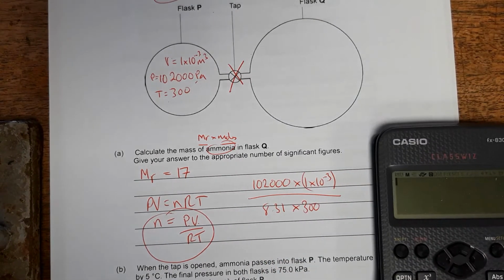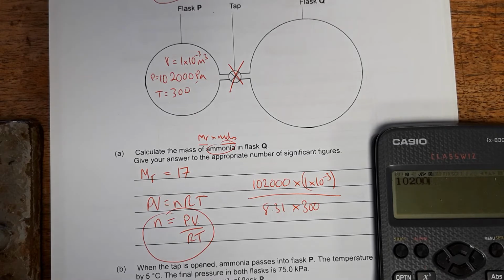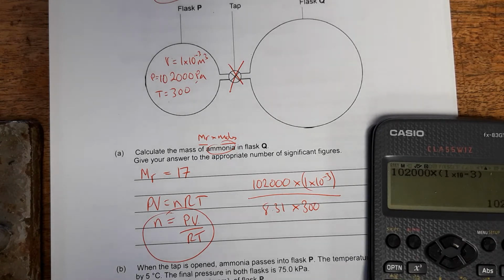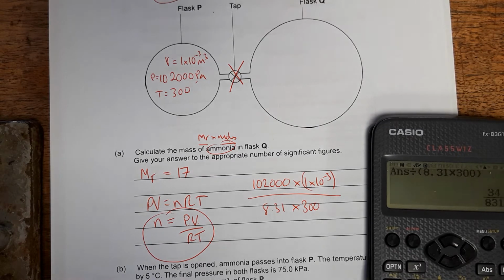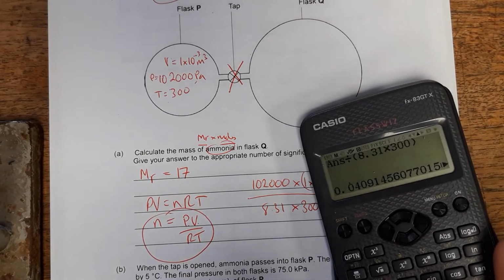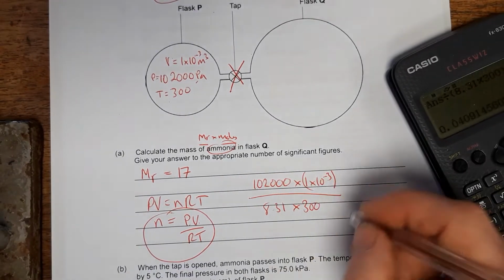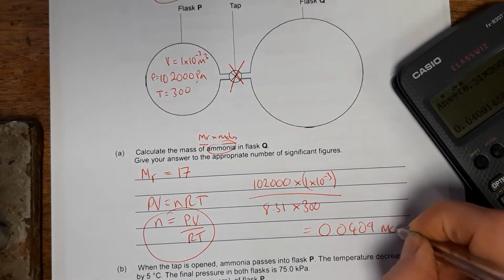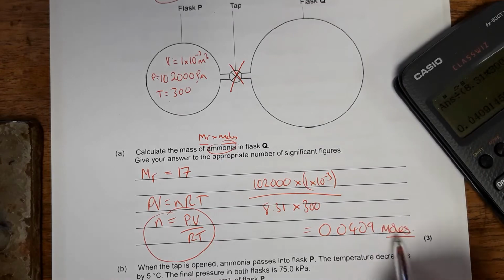Okay, I haven't got long to do this, so 102,000 times brackets 1 times 10 to the minus 3 close brackets, divided by 8.31 times 300 equals 0.0409, and that's moles. I encourage you to write these words after moles or grams.